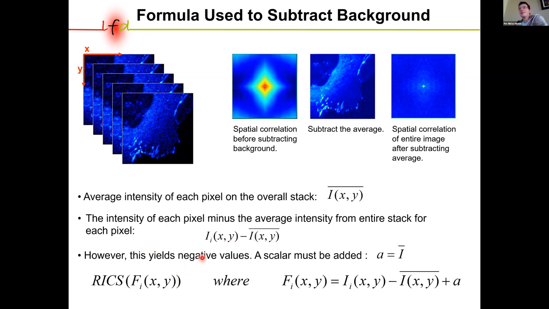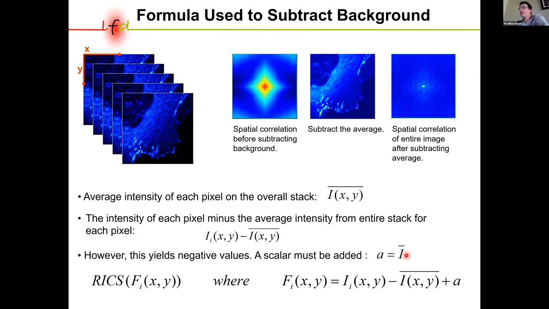However, this calculation can yield negative values because in each frame you can have more or less signal, whereas the average is a constant value in this pixel. So we need to add back in a value, and we can just take the global intensity of the entire image stack and add that back in. Basically this introduces an offset, which will not at all change our correlation function.